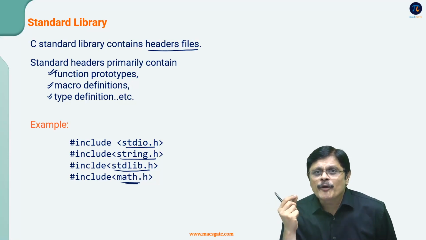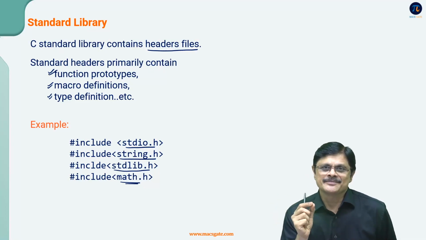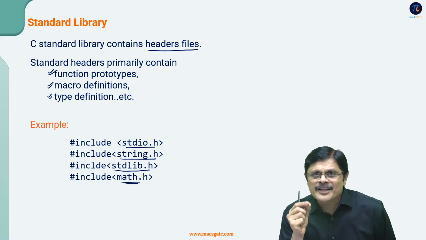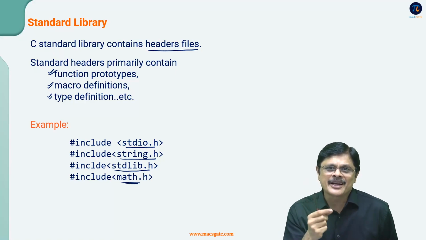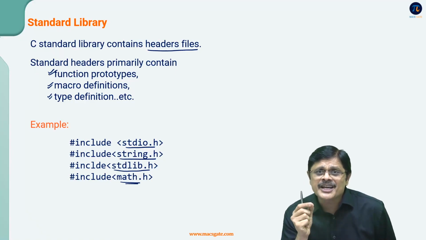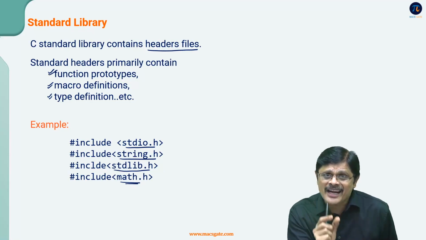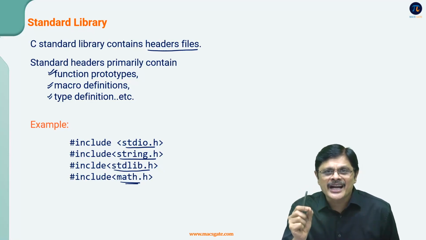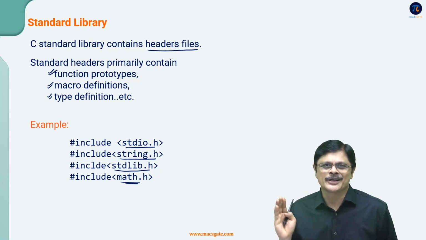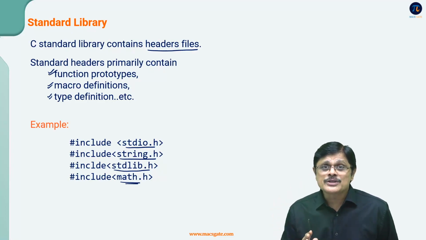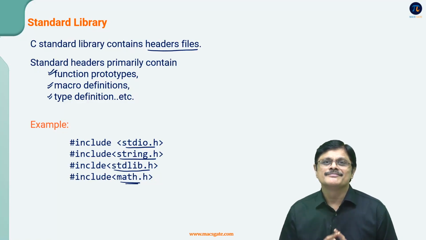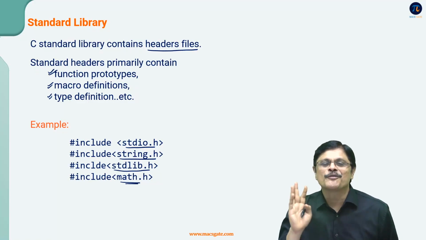Whenever you want to perform an action, you need a function. You check for the function in one of the libraries. If the function is available in any of the libraries or header files, you include the header file in your source code and write the program. Suppose the function is not available in any of the libraries, then you have to create your own function.